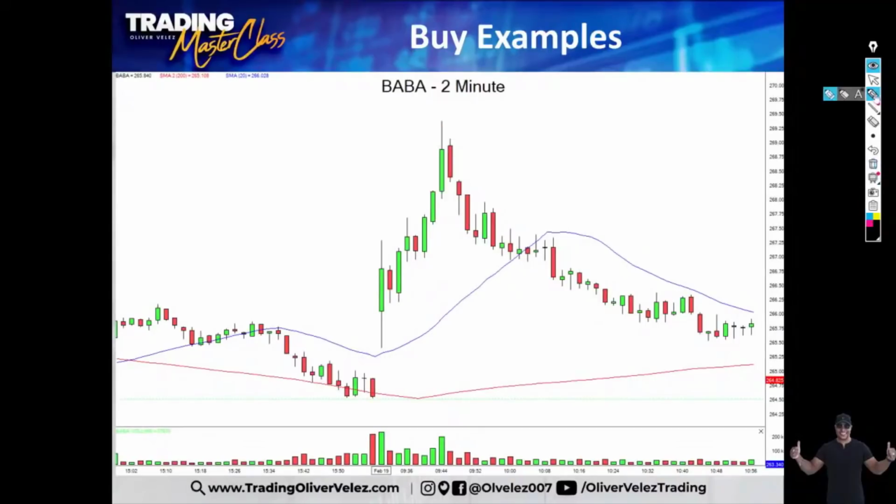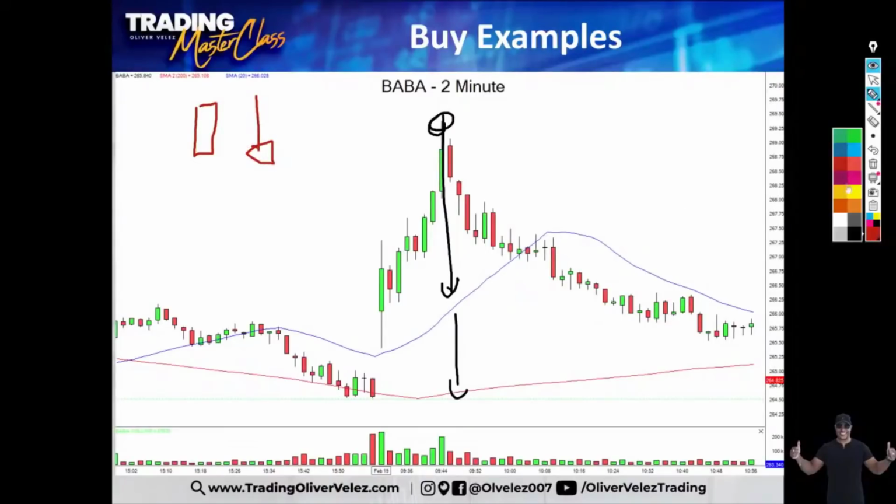Now, if you want to get really fancy, you can play the move. Once you have recognized I'm in a wide state, my 3 items are spread apart. Now I'm going to take the negative signals: solid red, topping tail bar, or red eliminates green.